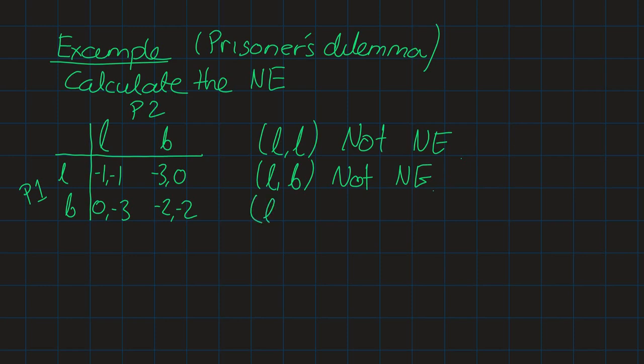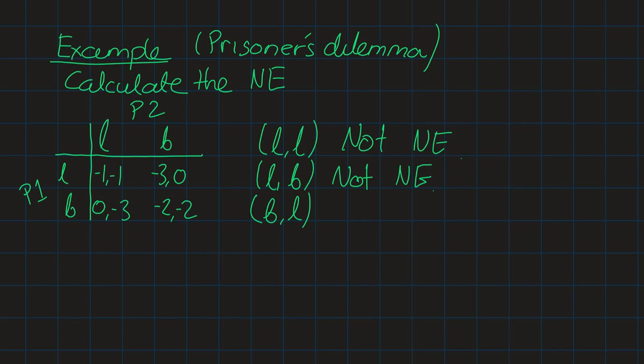Okay, let's try BL. So I'm looking at this one down here. If player 1 changes, they go from 0 to -1, which is not an improvement. That's actually getting worse, right? Going from 0 to -1, that gets worse. So player 1 is content.